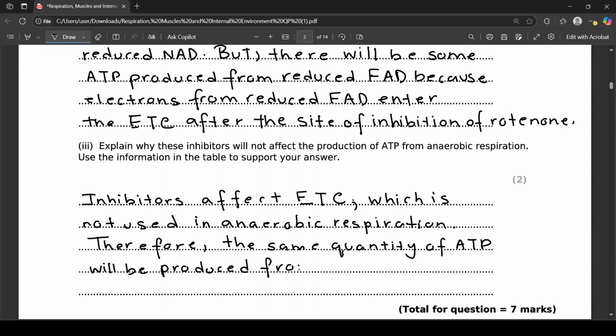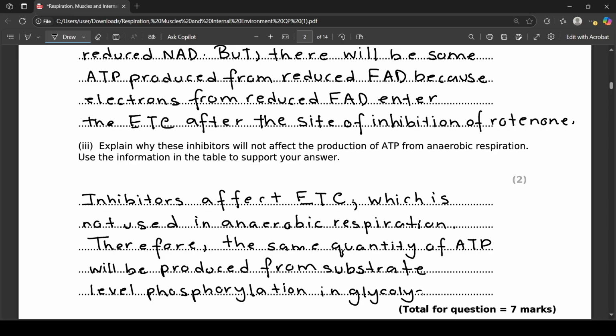Okay. So what this essentially means is that the same number of ATP that is formed in anaerobic respiration will remain the same from substrate level phosphorylation in glycolysis. Are we following up till here?